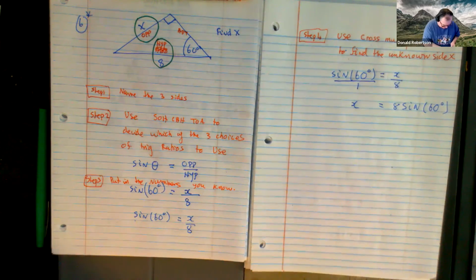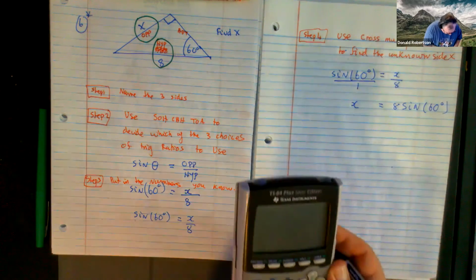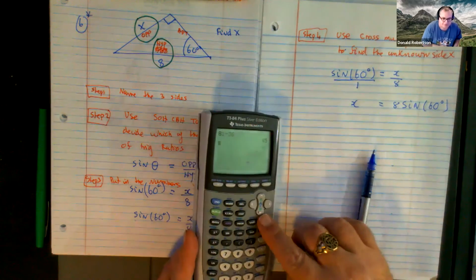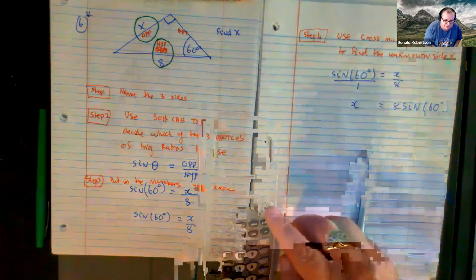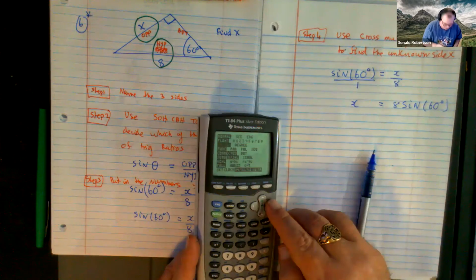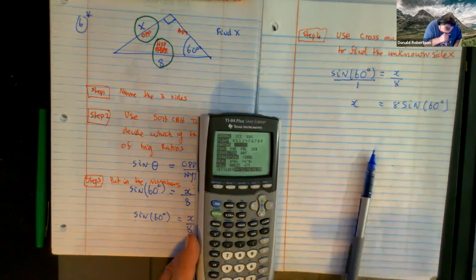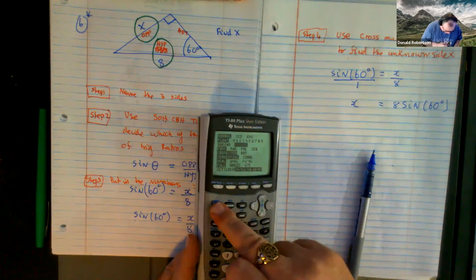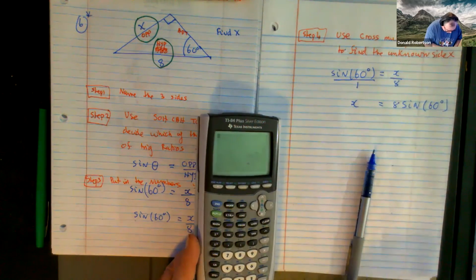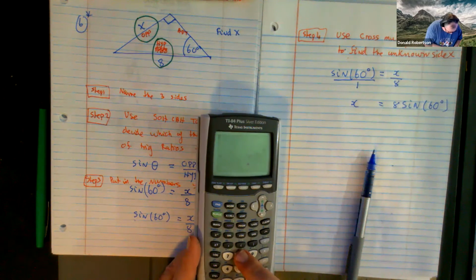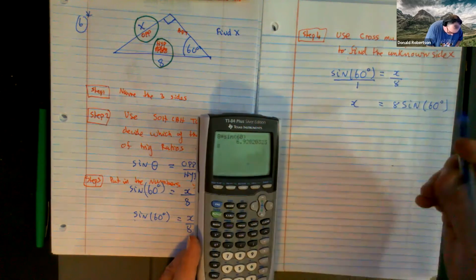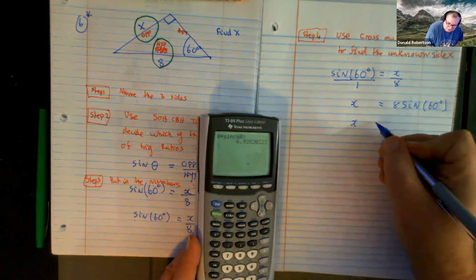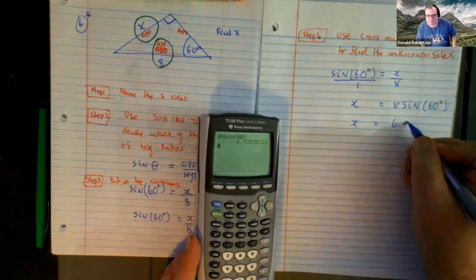There we go. Now, if I go to my calculator and hit the mode button and make sure that things are in degrees, because it's 60 degrees, I should be able to do 8 times the sine of 60. And guess what? The answer is 6.93, roughly.